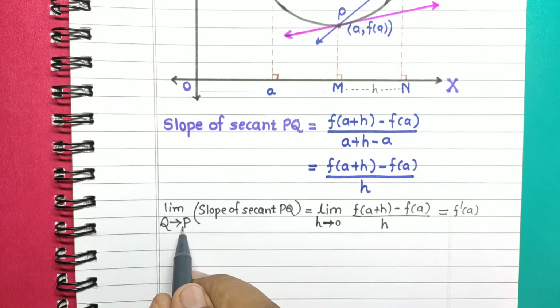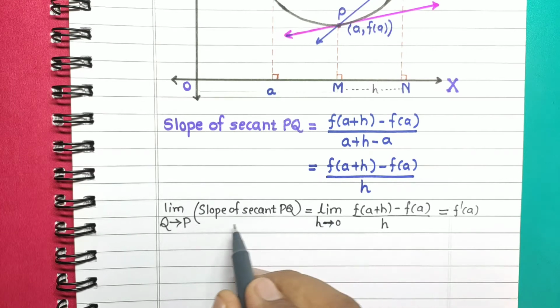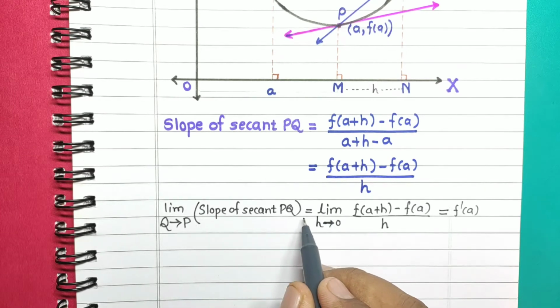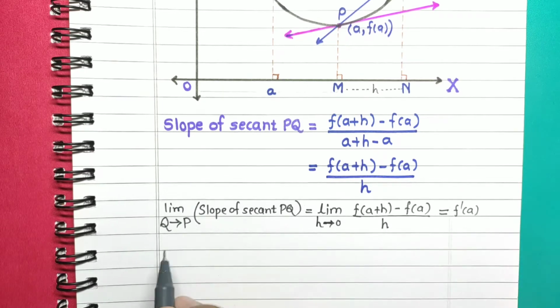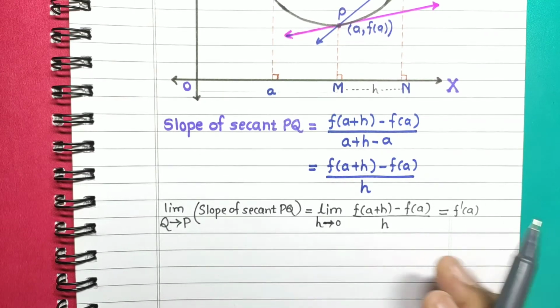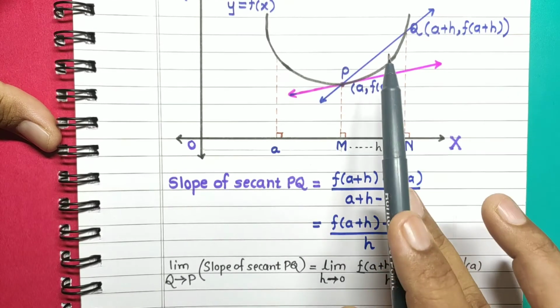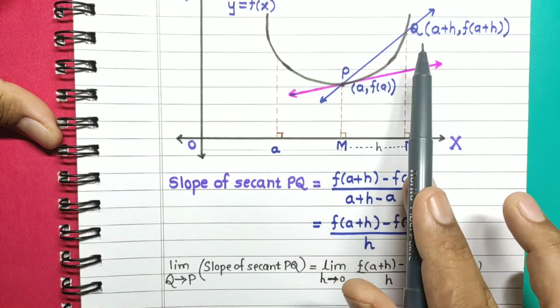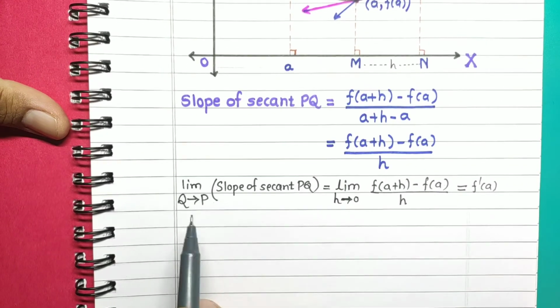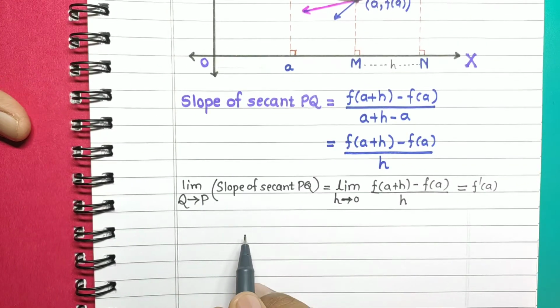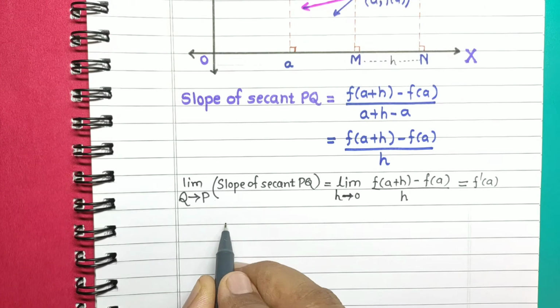Okay, when Q approaches point P, at that time this slope of secant PQ gives us this f dash of a. And we know, as we have seen in the figure, when Q approaches P, this secant becomes tangent. So here this limiting position of secant is nothing but tangent.